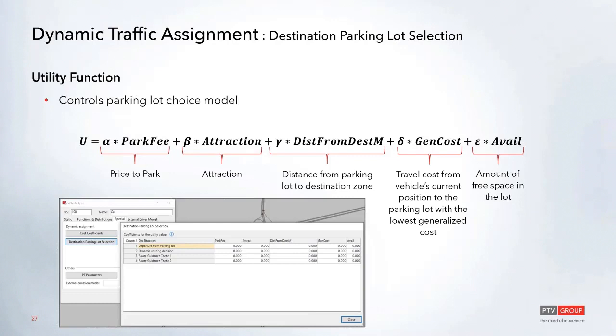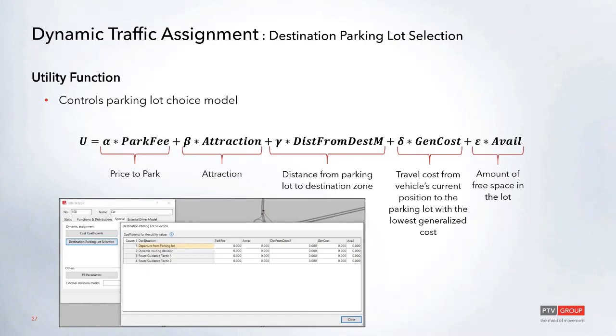So this could be something like, if you are trying to go to a parking lot that's closer to your destination, what does that cost look like compared to another parking lot with a higher cost? And then finally, it'll also look at the amount of availability or free space in that parking lot.